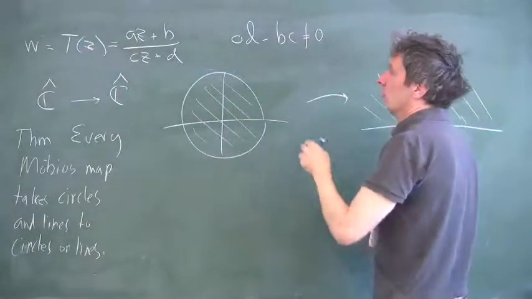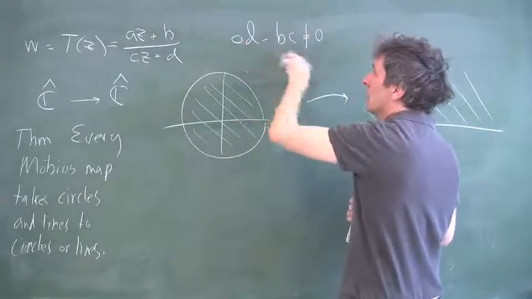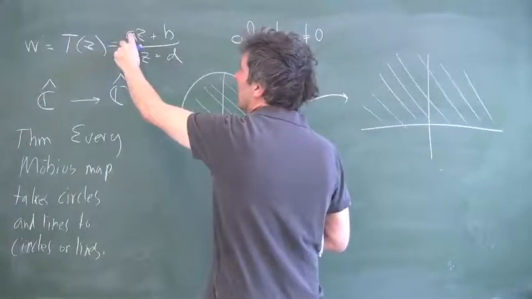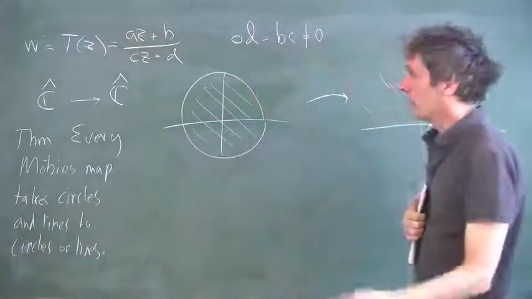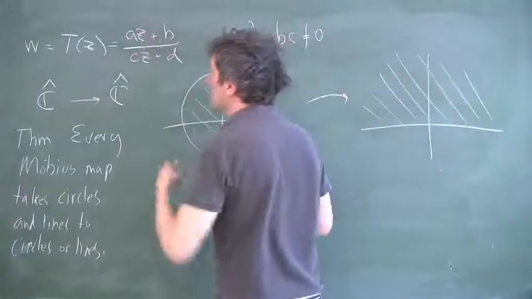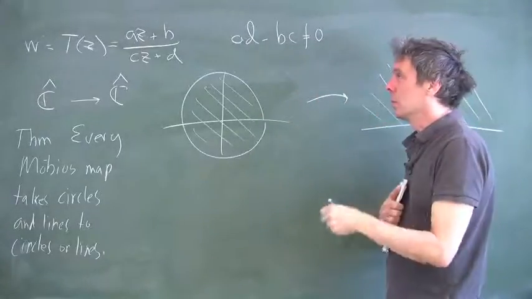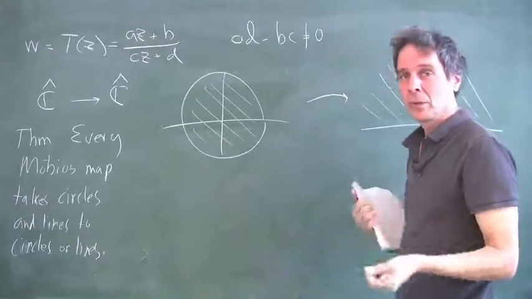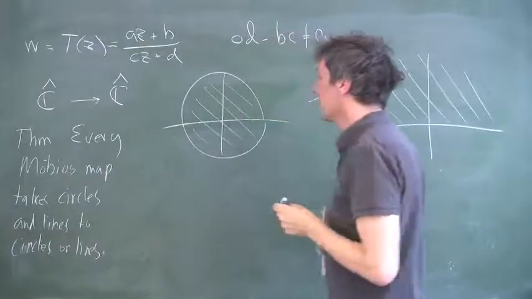Because you have just 4 constants here to determine, and actually, if you multiply all constants by the same constant, then you get the same Möbius map. So essentially, there are only 3 constants to determine here, and each point which you demand should be mapped to a specific point will give you 1 condition. So 3 conditions, that's enough to determine a Möbius transformation then.